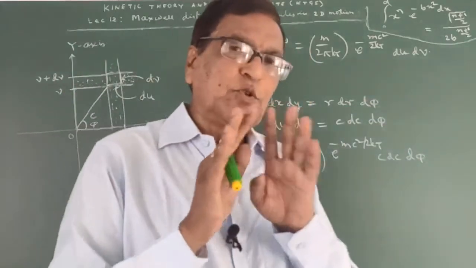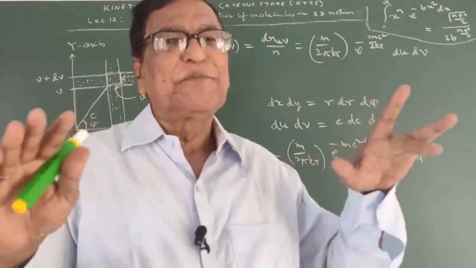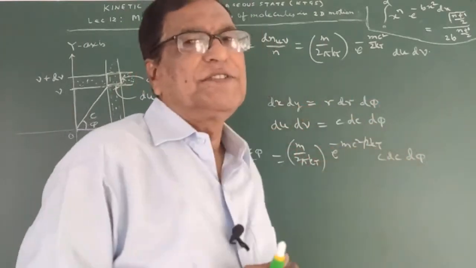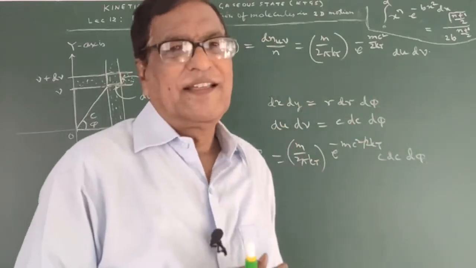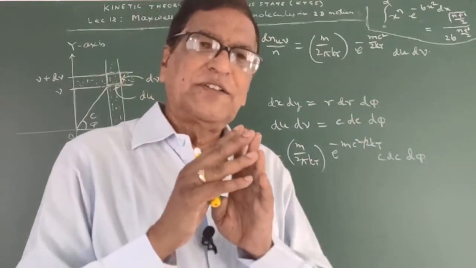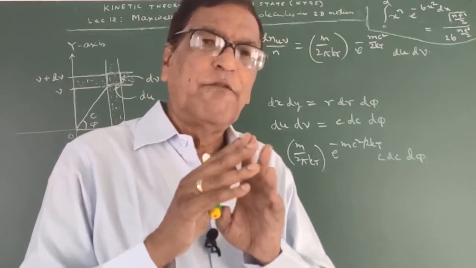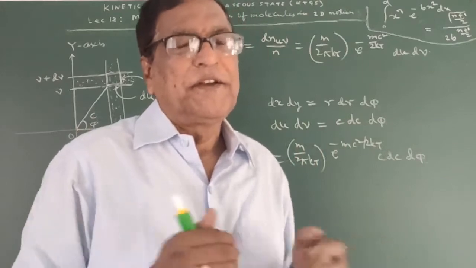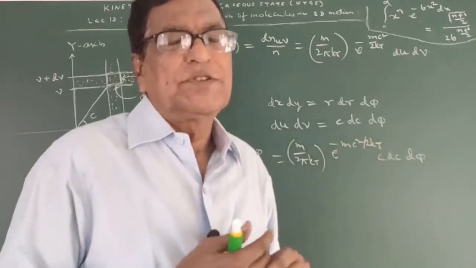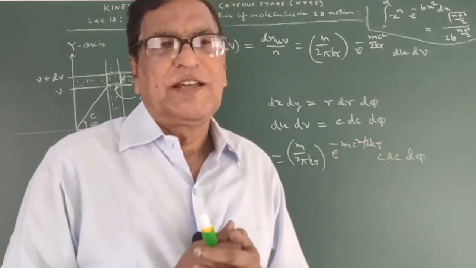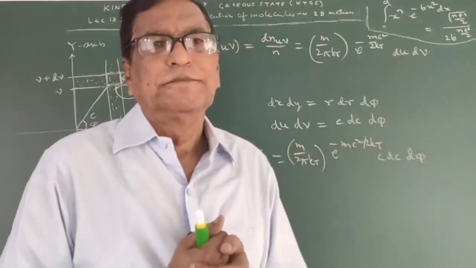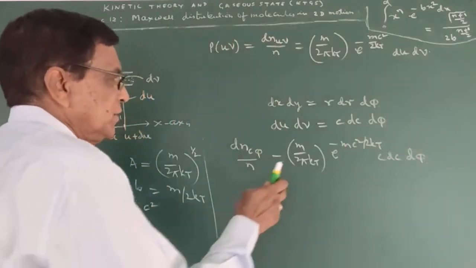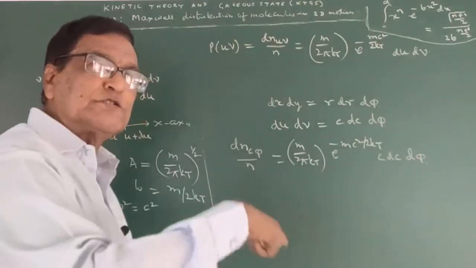If we remove the restriction on the movement of the molecules along a particular range of this azimuthal angle, and we consider the molecules can move freely in all directions on a plane, only having the magnitude c to c plus dc, with no restriction on phi, then d phi is to be eliminated, so d phi is integrated within the full range.